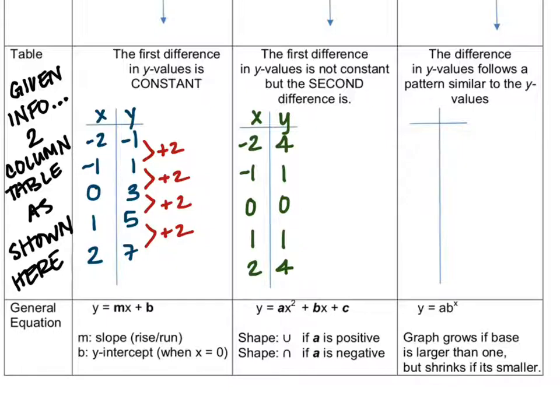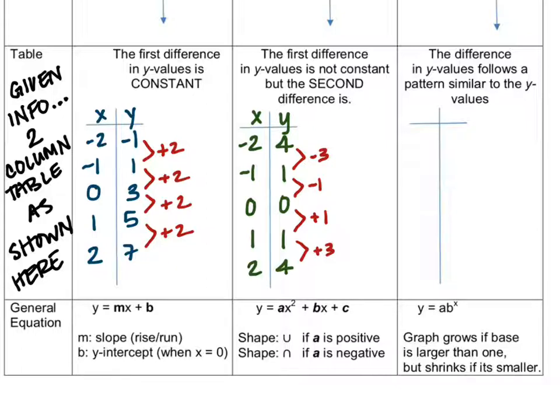Alright, so the difference in the y values in this, we start out and take a look from 4 to 1, I actually subtract 3. From 1 to 0, I subtract 1. And from 0 to 1, I add 1. And to get from 1 to 4, I add 3.